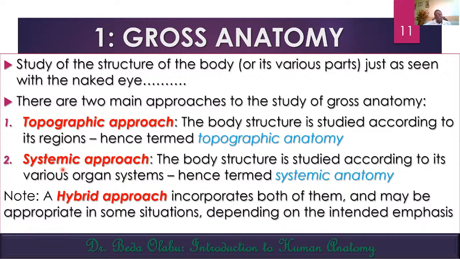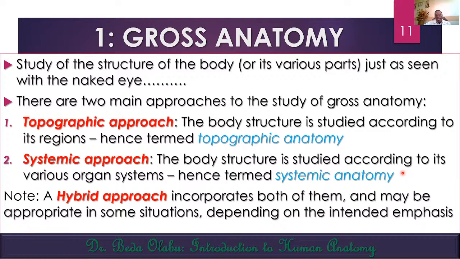So for example, you teach through a systemic approach and you're done with a particular system. Let's say you're done with the respiratory system, or at the time that you're studying the respiratory system. Then that could be the best time to give the student an overview of the anatomy of the thorax.